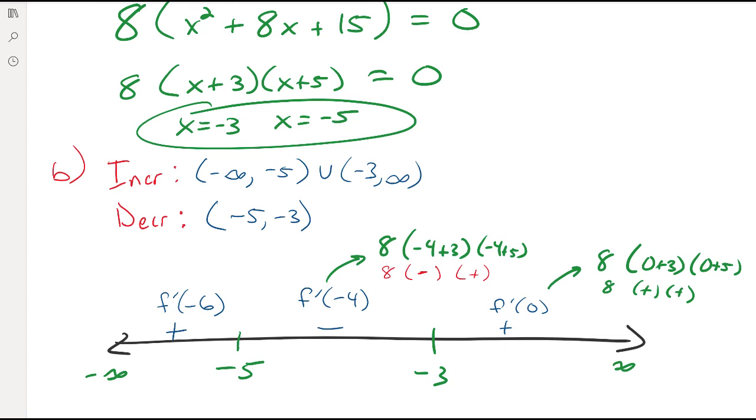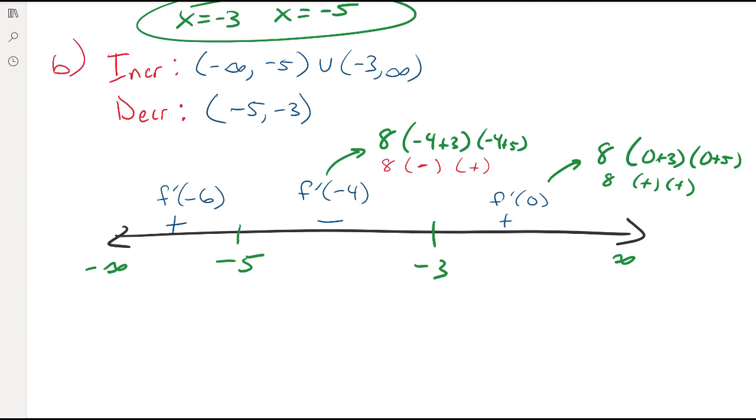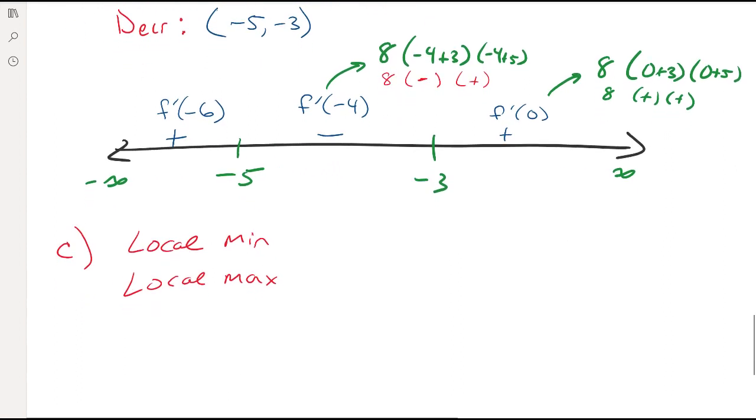All right. Here we go. Last little part here. We can also use this first derivative test, this number line, to determine the locations of any local mins or maxes. So remember, a local min and a local max occur at the critical points. I should make that a little note over here.